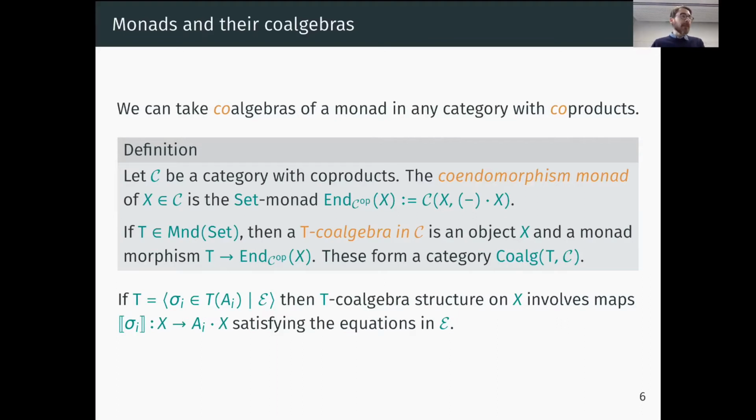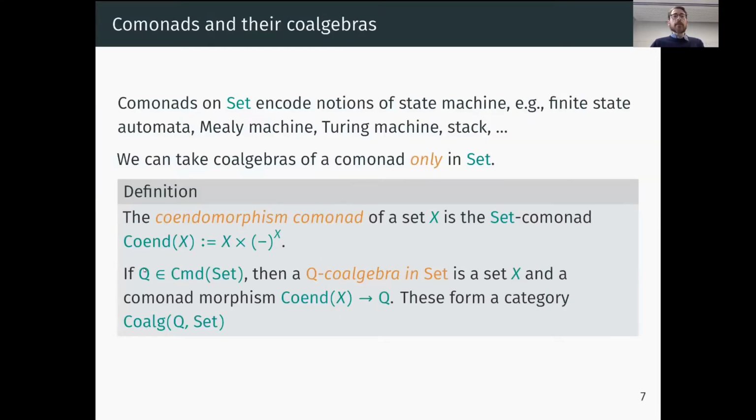All right. Now, we're thinking about monads, but we're also looking at comonads on Set. Again, this is similar to the fact that I can look at operads and I can look at cooperads. When I look at a comonad on Set, I can talk about coalgebras for that comonad. Maybe you're not that familiar with comonads on Set.